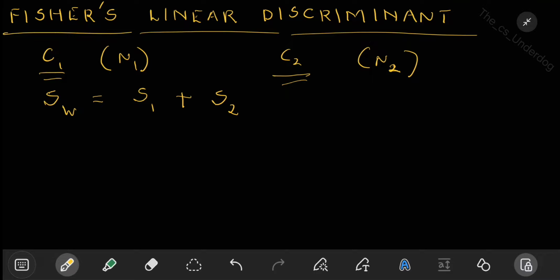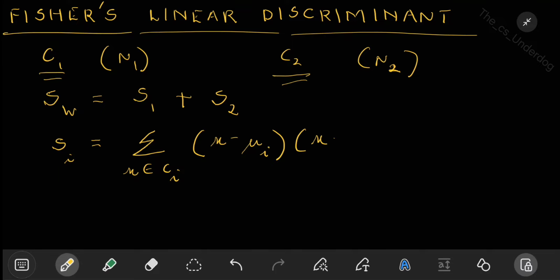And how do you identify this within class scatter? For any particular class, Si, the within class scatter for class i, can be determined as sigma x element of Ci, that is for every point in class Ci, x minus mu i, where mu is the mean, into x minus mu i the whole transpose.